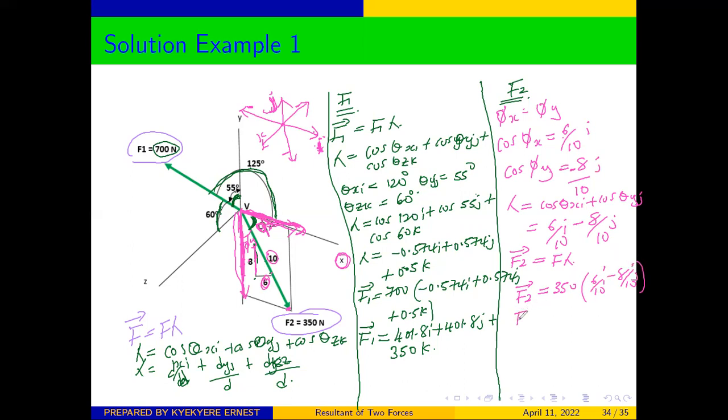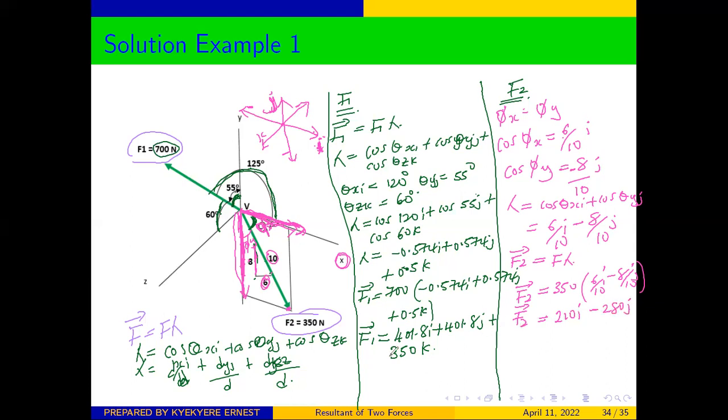And from there, our F2 will be equal to 210i minus 280j.